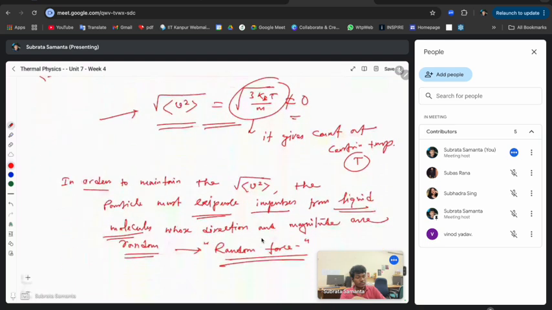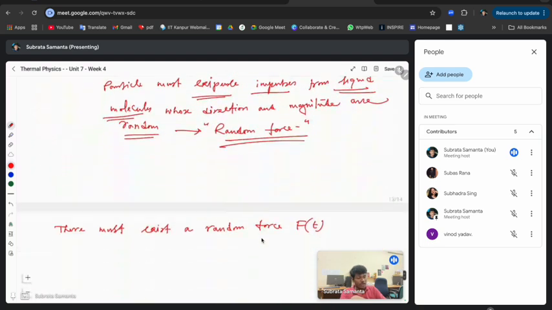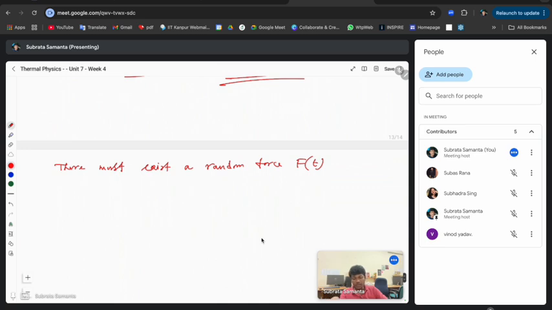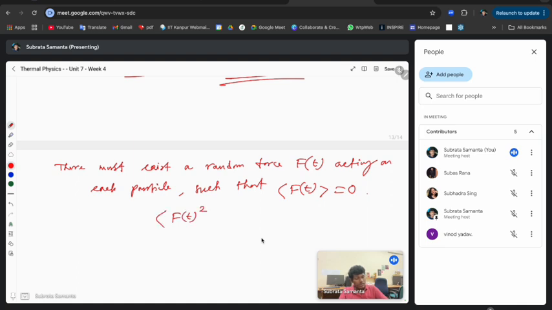So we need a random force Ft, also time dependent, acting on each particle, such that Ft average is 0 and Ft square average is not 0.